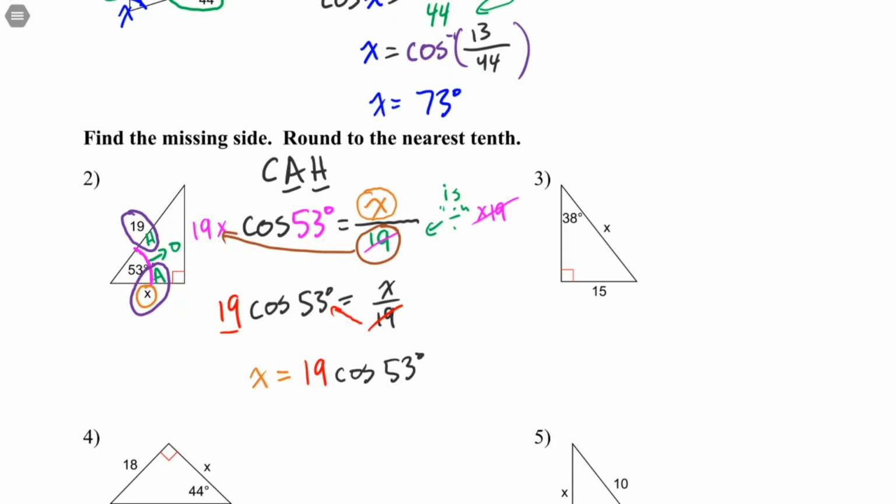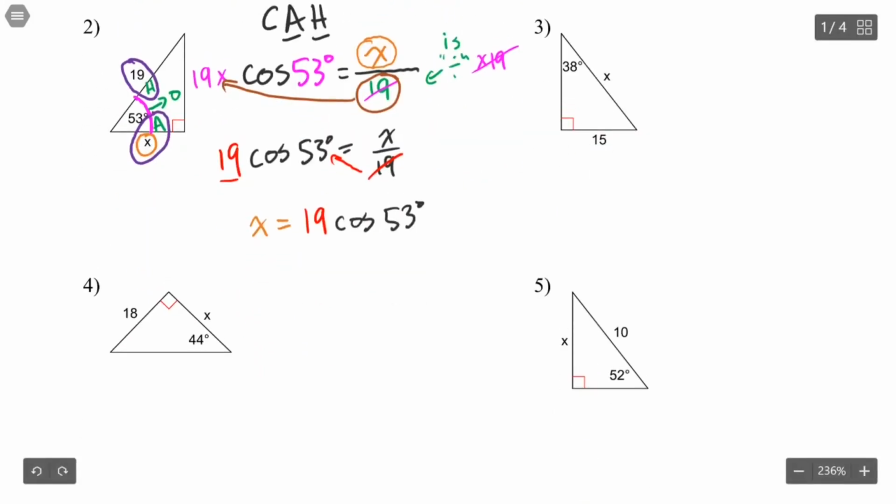All right, now this is where we need to pause and figure out what kind of calculator you have. If you have a straightforward calculator, so you guys hopefully know what I'm talking about from yesterday, then you need to plug in 19 times cosine.